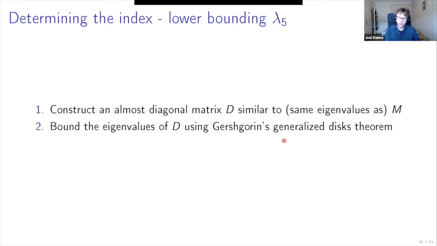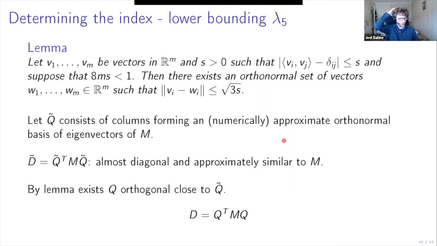This is the procedure we will use for getting this lower bound. For the first part, constructing the matrix D, we will make use of a lemma, but let me get back to that shortly.